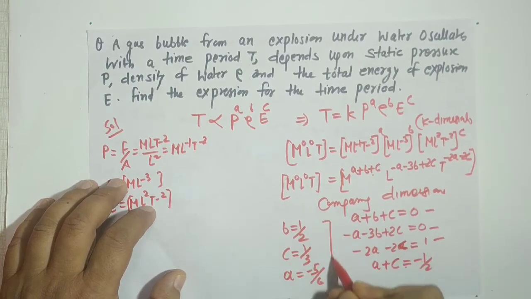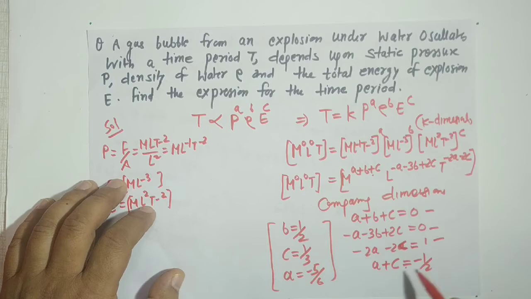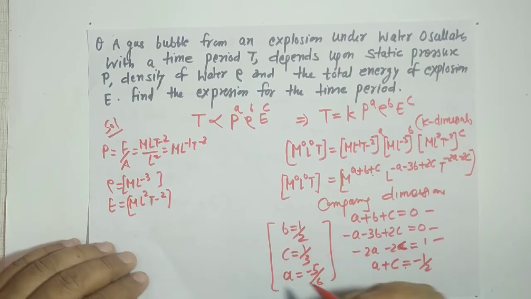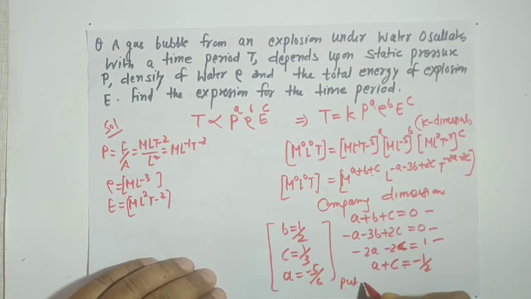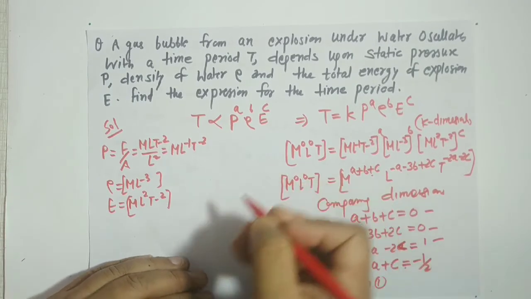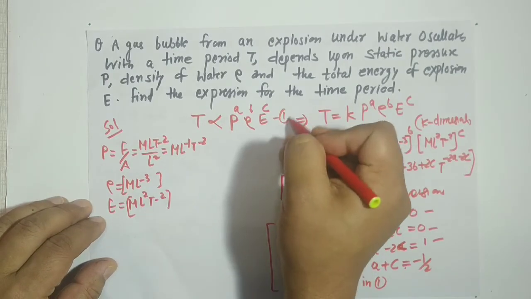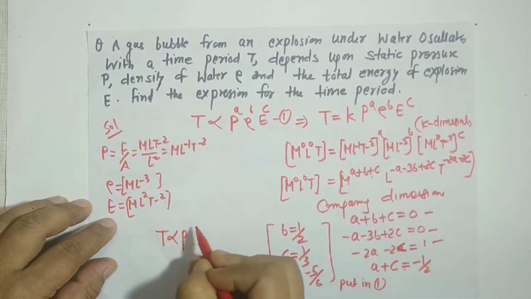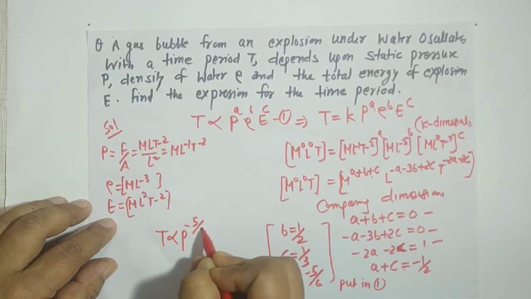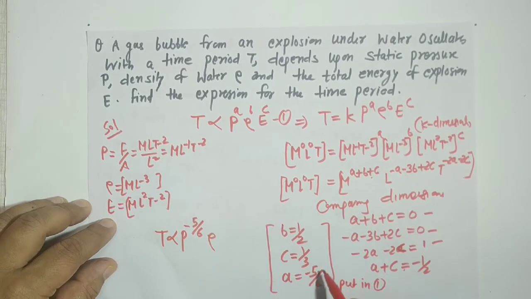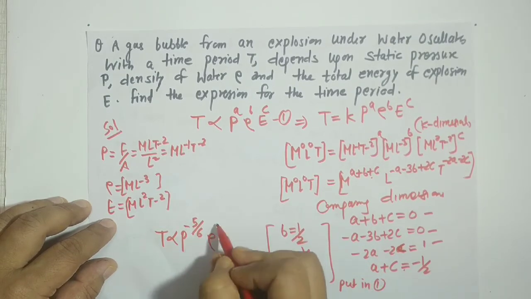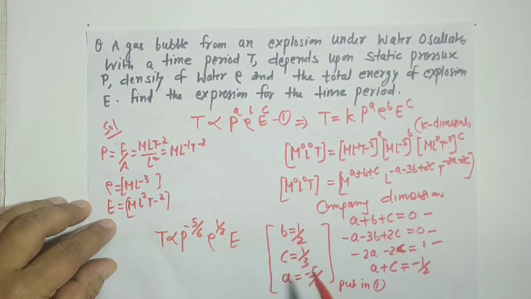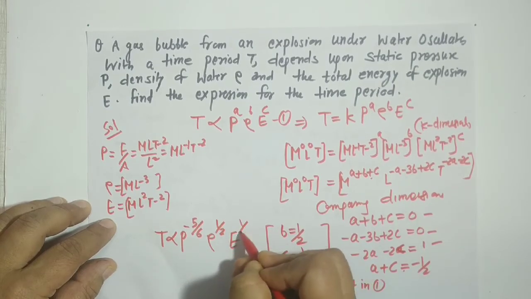So you solve it out. These are the values you are going to get, and then put them in the first equation. So the final formula is T = K P to the power minus 5 by 6, rho to the power half, and E to the power 1 by 3.